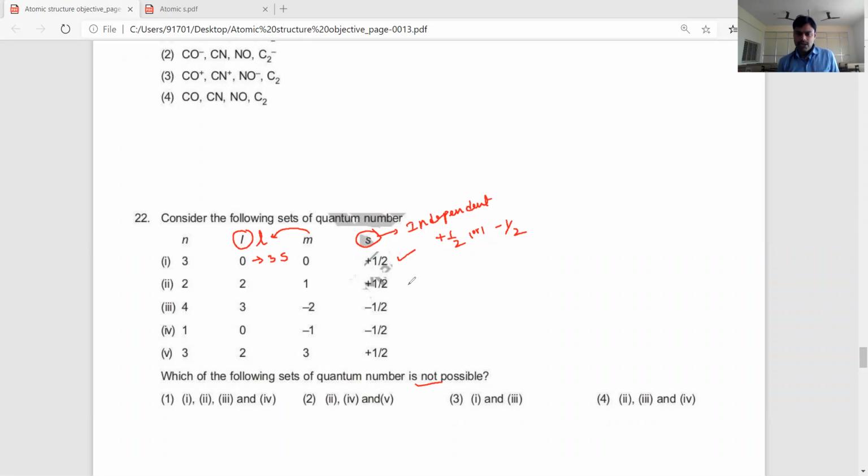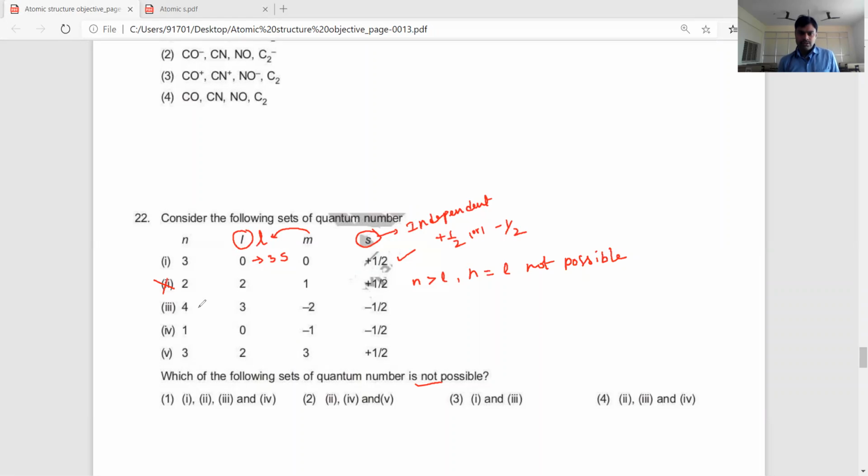The n value is always more than L, but n is equal to L is not possible. So the second is not possible.